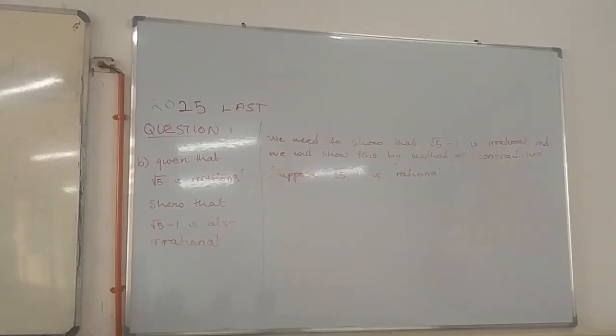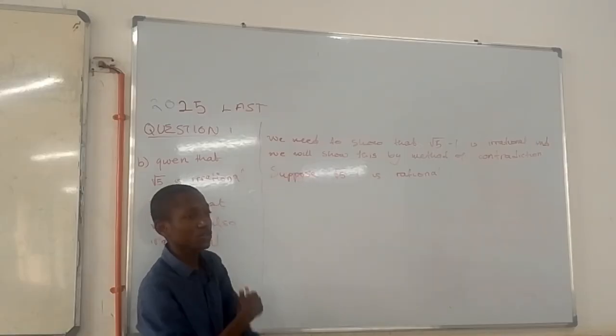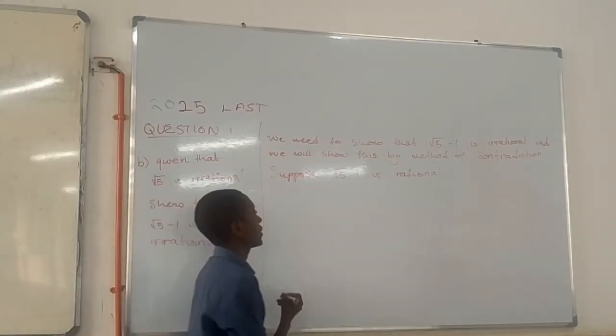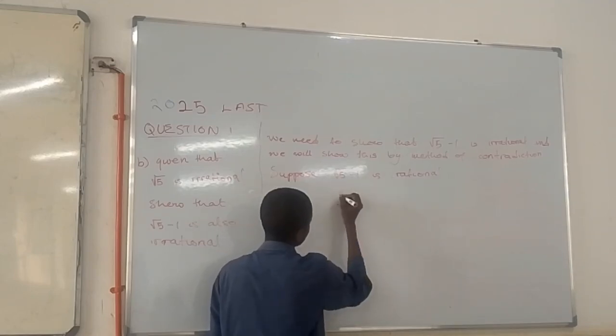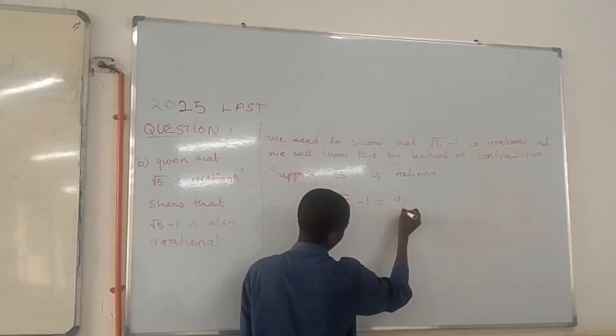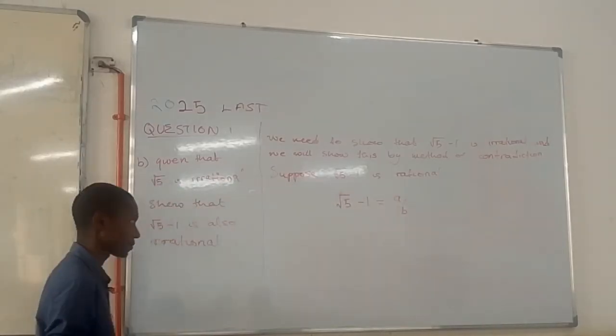So if we assume that this is rational, then we can say root 5 minus 1 is equal to a over b. It can be expressed as a fraction.